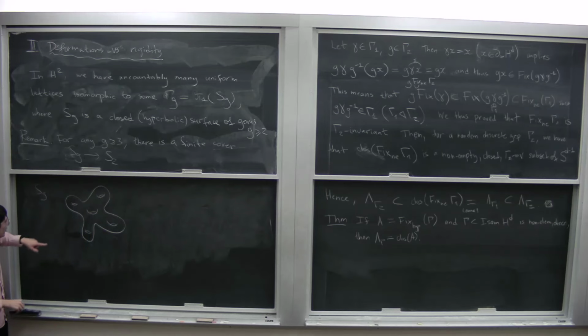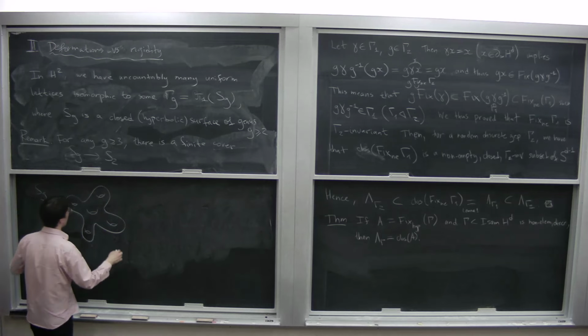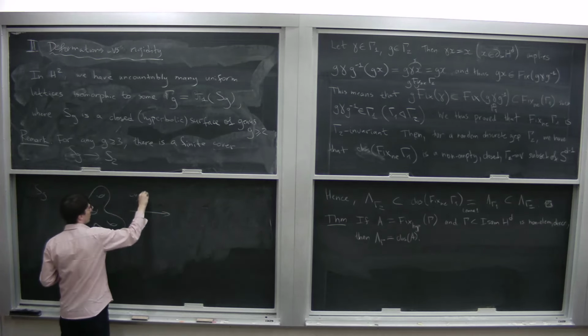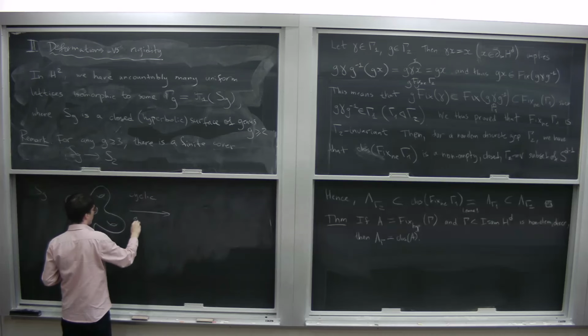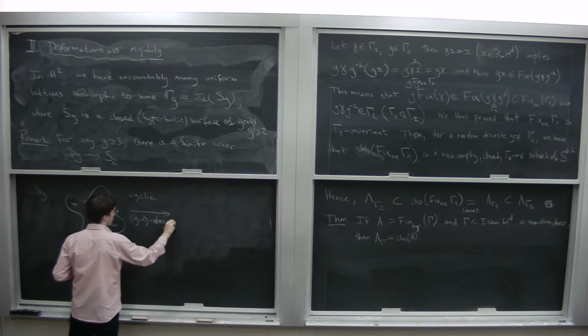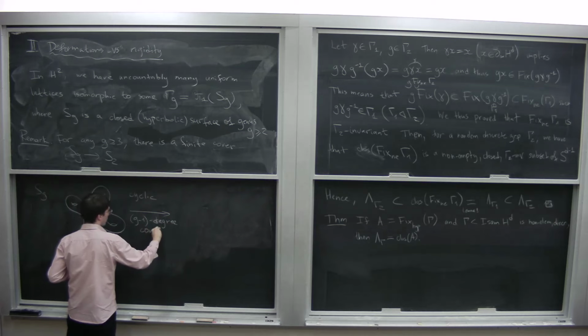And so I have one pole in the middle, right? And G minus 1 handles around it. So this gives me a cyclic G minus 1 degree cover, right?